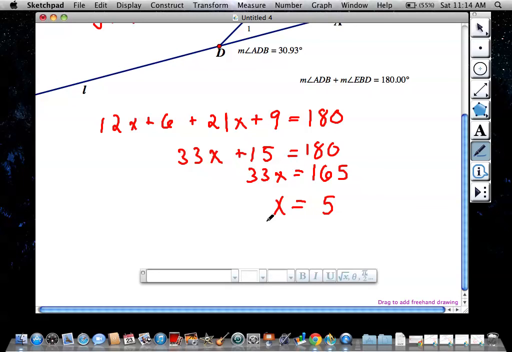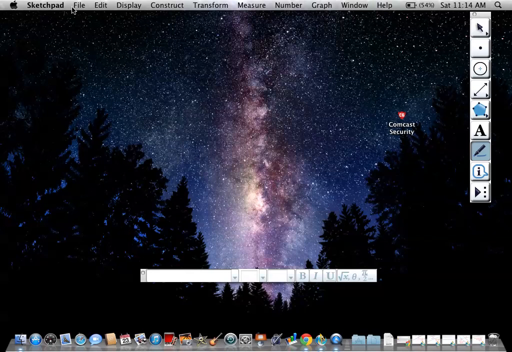So if x equals 5, that means that those two are supplementary, and that means J and L are parallel by the converse of the same side interior angles theorem. Any other value other than 5, and these two lines are not parallel. Okay, so that's Chapter 3, Section 3, proving lines are parallel by the converse theorems and postulates.